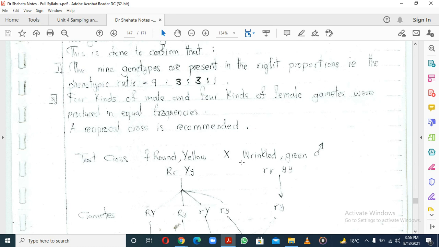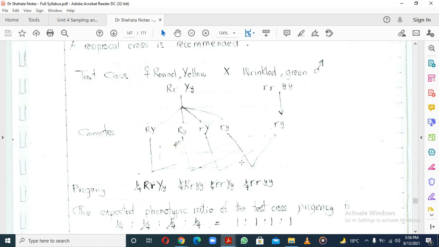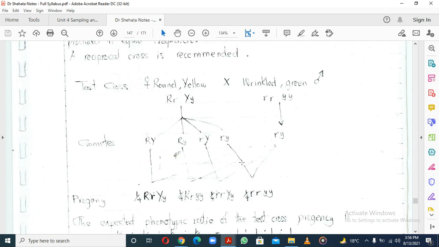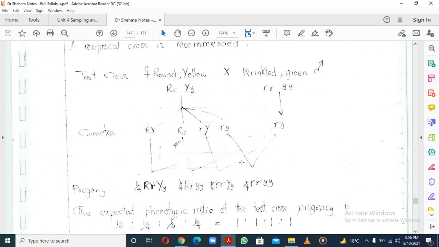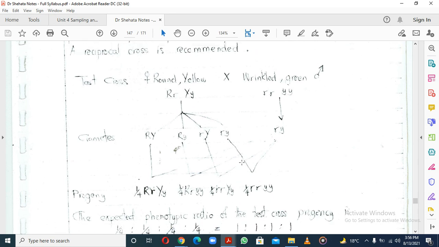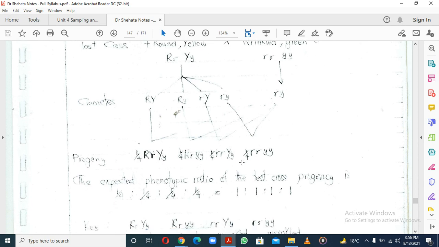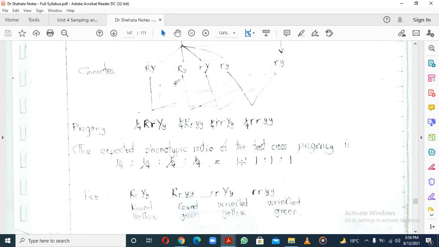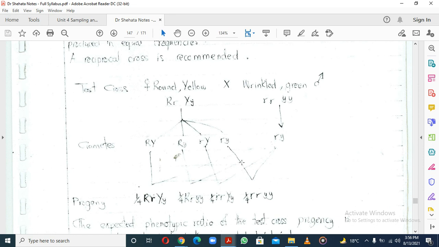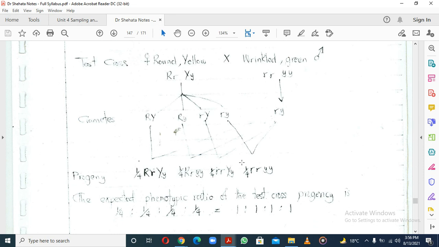So what this basically is going to give you an idea. So what this entails is that when you do this test cross, right, and then you actually find a phenotypic ratio of 1 1 1 1, then in that case, you know that whatever you are trying to assess is heterozygous for both genes.